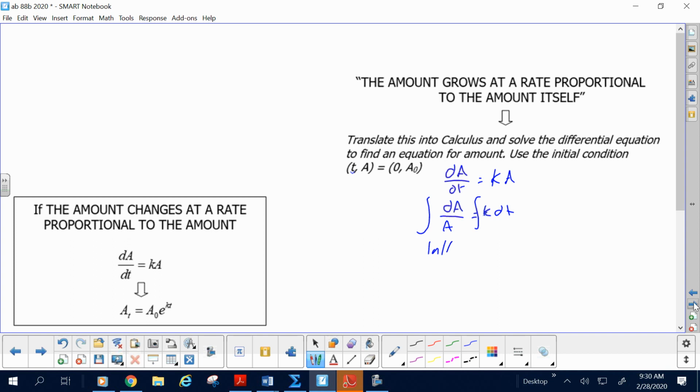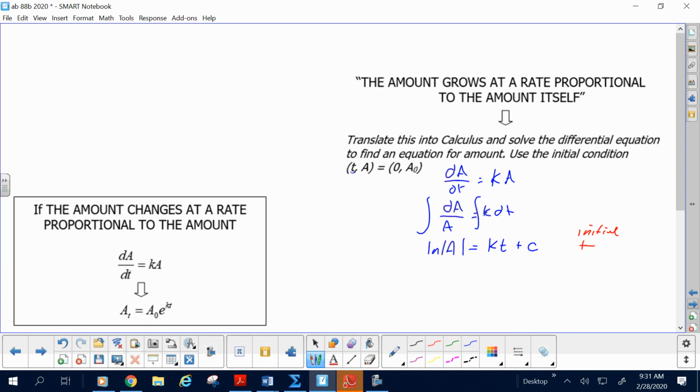Natural log of the absolute value of A is kt plus C, yeah? k is a constant, relates to the interest, but it's not the interest. Now, consider then the initial condition. I'm going to do a general initial condition.